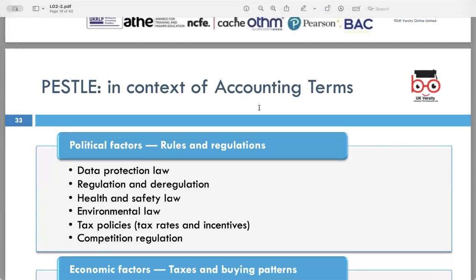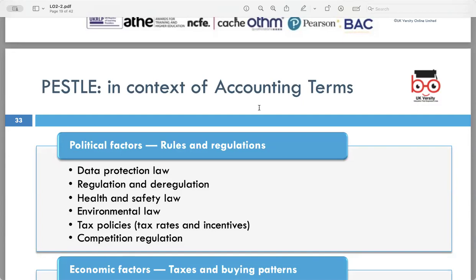PESTEL, in the context of accounting terms: factors related to politics, including rules and regulations, the laws as they pertain to data protection regulation as well as deregulatory measures, the law governing health and safety, regulatory framework for the environment, policies regarding taxes, including tax rates and incentives.